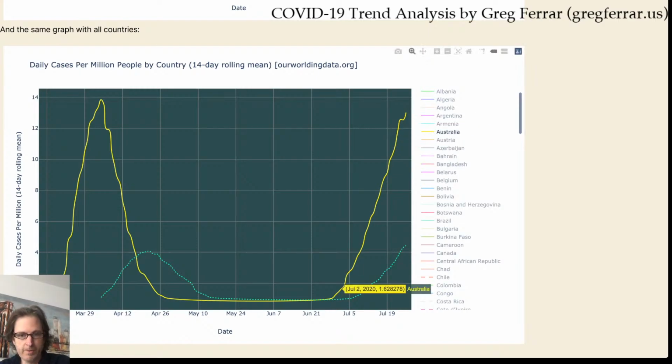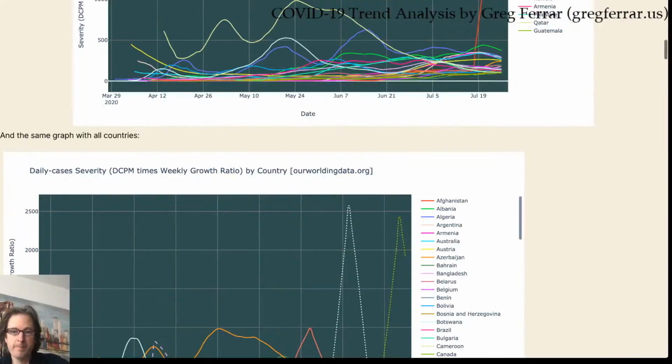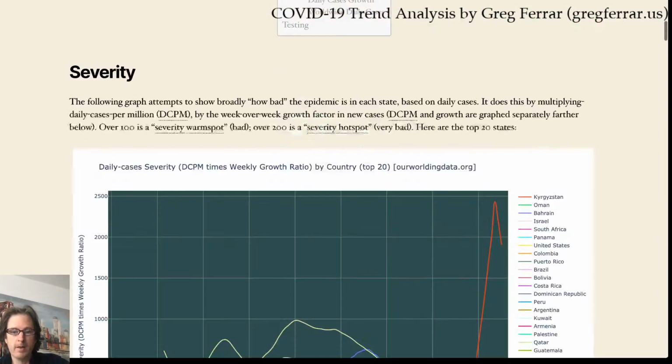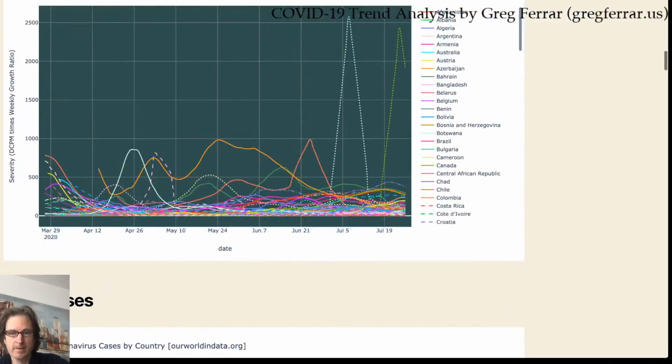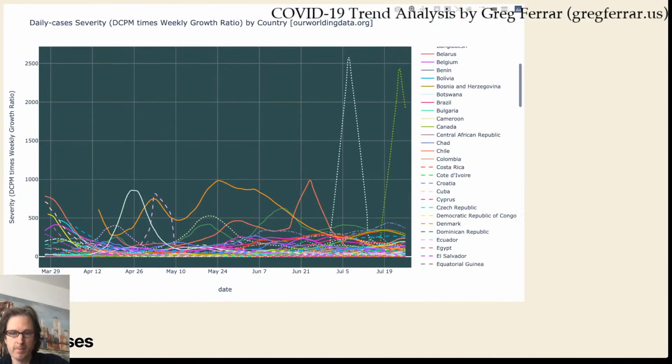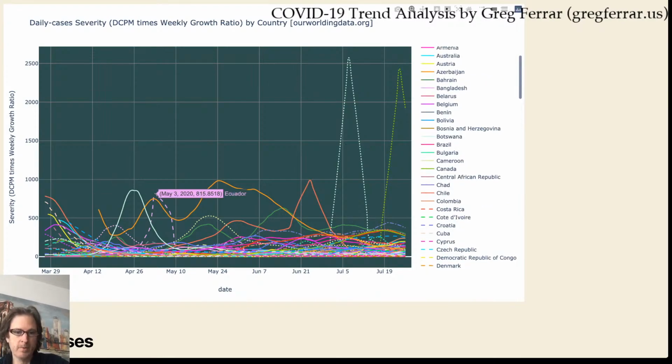If we were to look at the growth graph, I'm sure it would say it's growing terribly fast. But when the daily cases are small, the prospect of high growth is not a serious imminent problem. So let's look at Australia, remembering that we have all these things in the severity in the 500, 100, 500, and a few in the thousands.